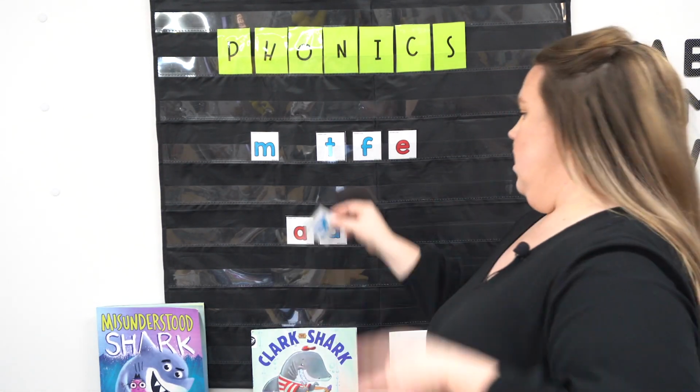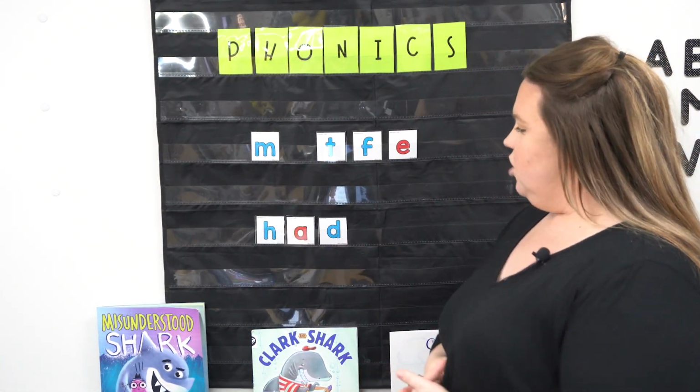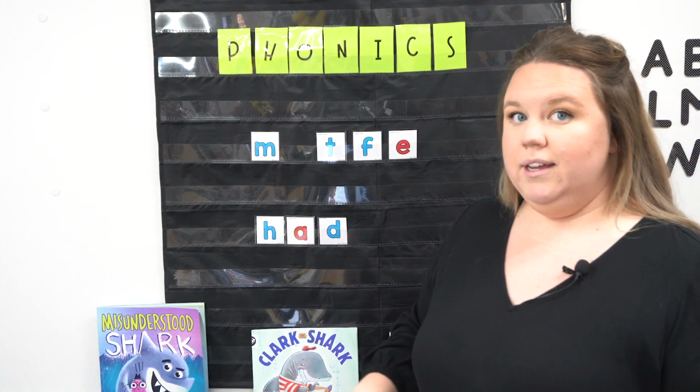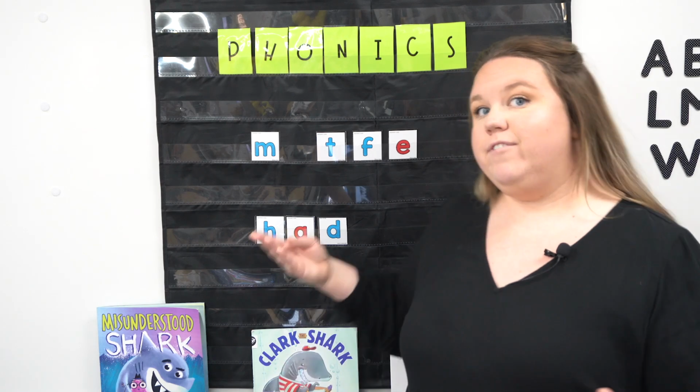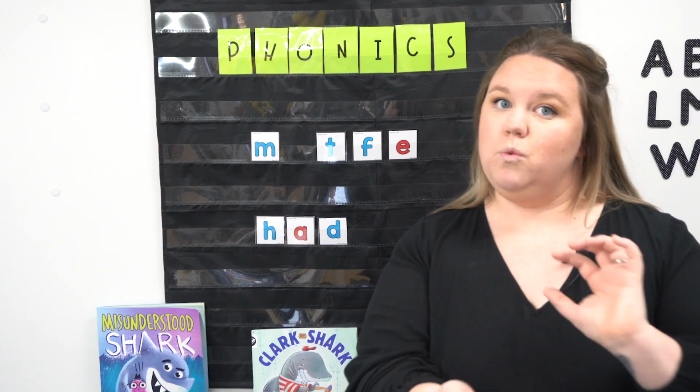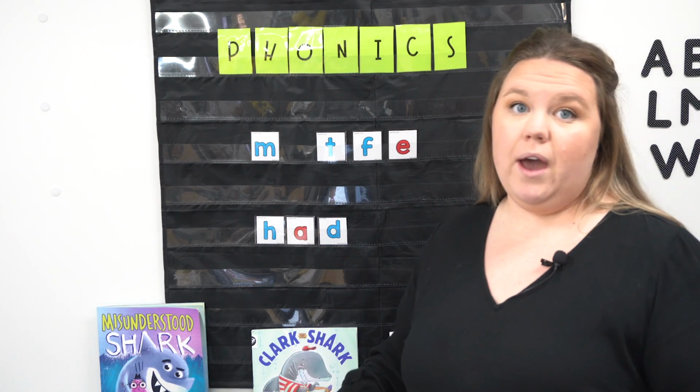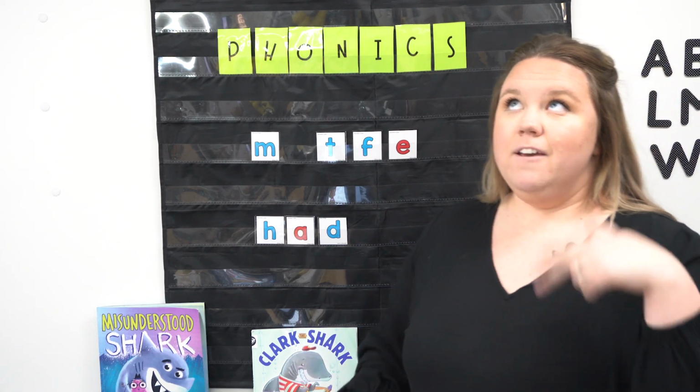Awesome. Okay, now let's change this word had to the word fad. From had to fad. If you know how to do it, if you know how to swap, go ahead and swap. I'm going to talk through how to do it. Had, fad.